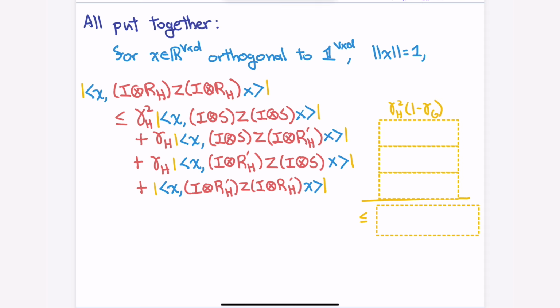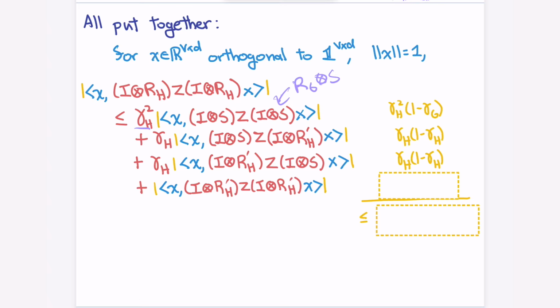So the gamma H squared is coming from here, and this is because this thing is really just the random walk on G times S, so you still get the same spectral gap. X, remember, is orthogonal to the first eigenvector. That's why the 1 minus gamma G comes out. That's the one subtle point. And the next ones just come from the inequalities we had before. So that's gamma H times 1 minus gamma H, times 1 minus gamma H, 1 minus gamma H squared. We just did those calculations.